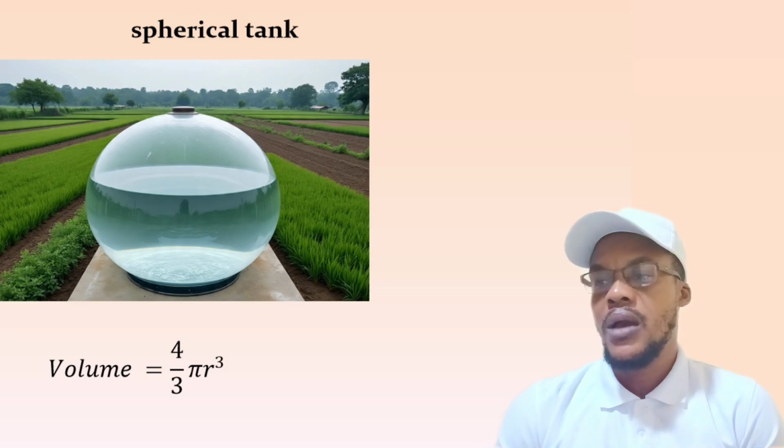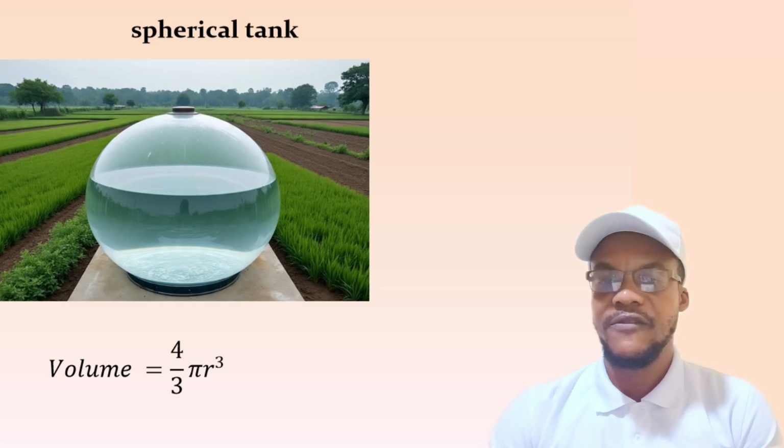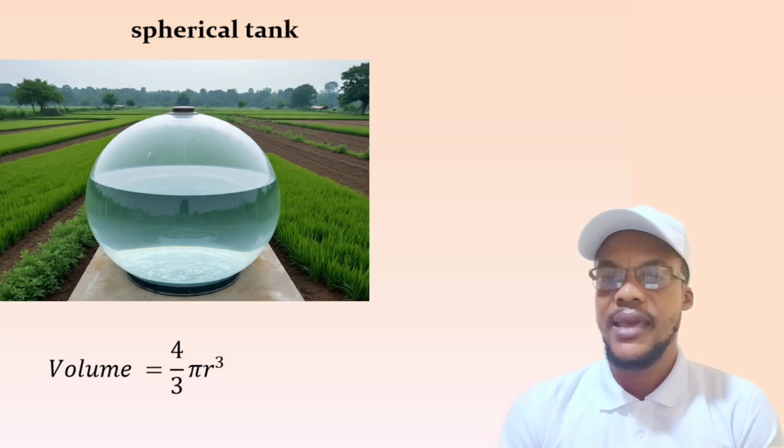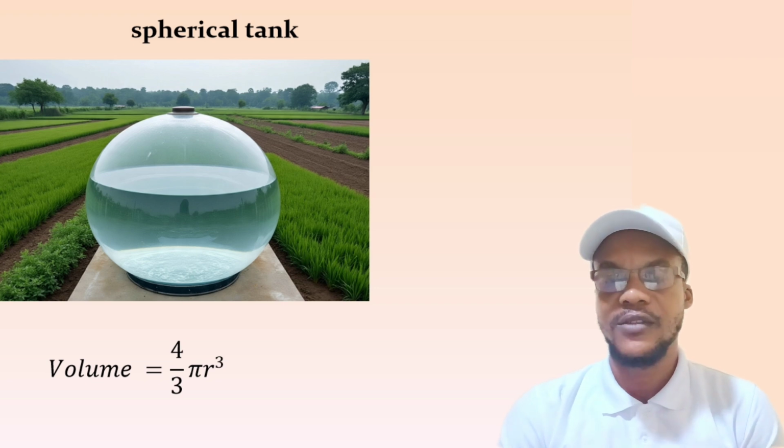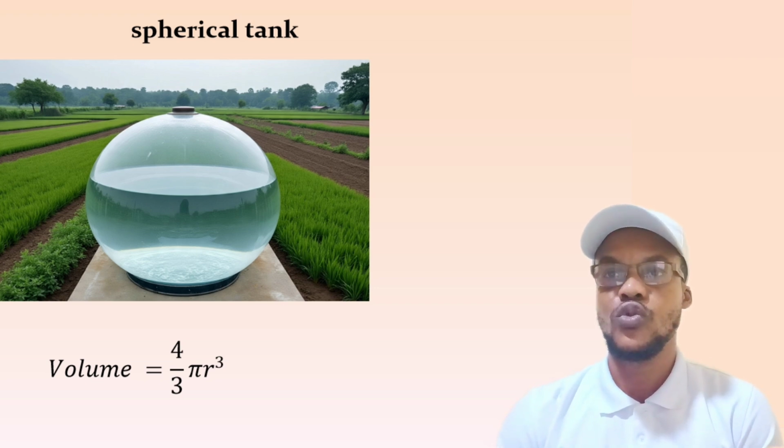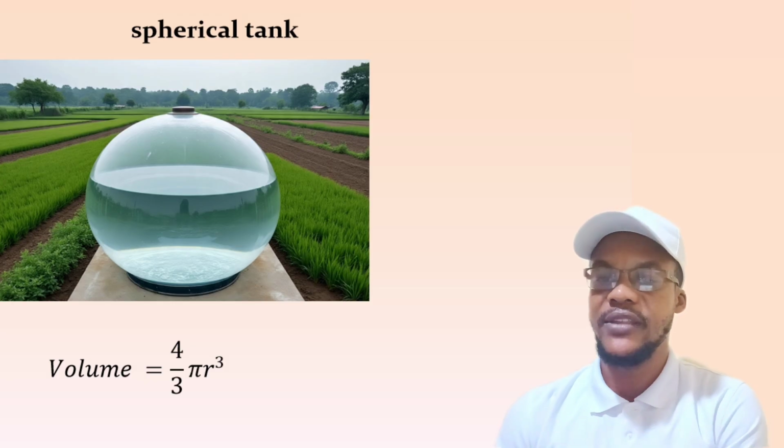So how do you get a hemisphere? A hemisphere is half of a sphere. When you divide a sphere into two equal parts, you get a hemisphere.